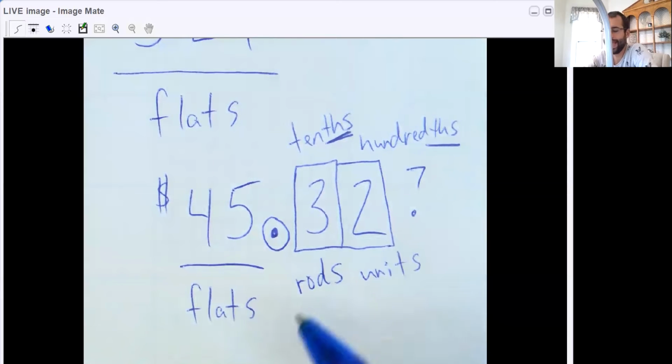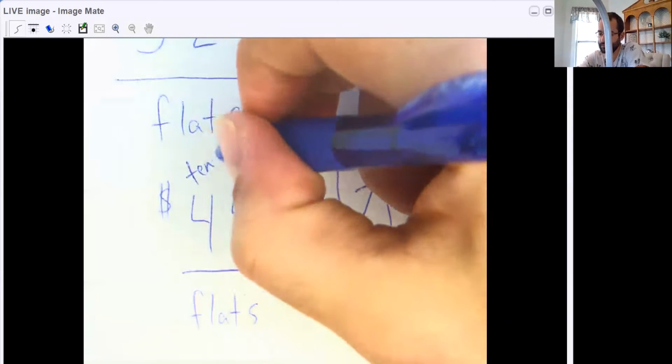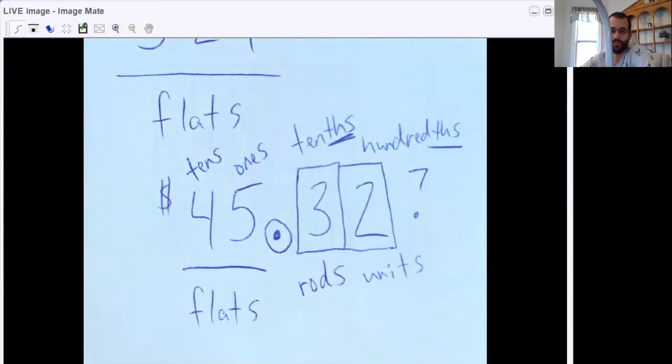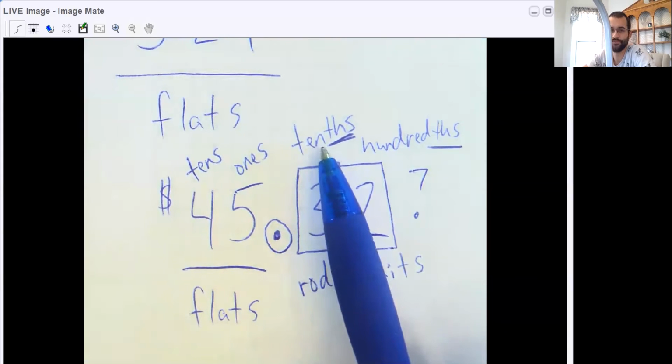But when we add numbers behind the decimal point, we get into different place value. So if this was the tens and this is the ones, the spot directly after the decimal point is the tenths.